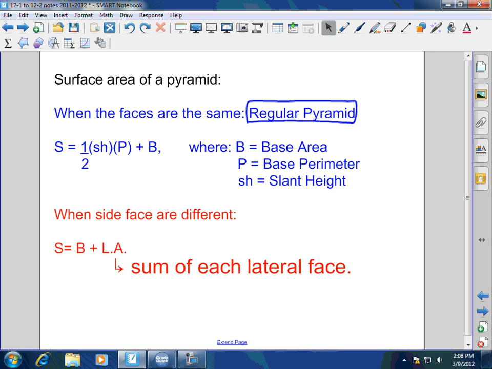When you have a non-regular pyramid, you got to find the base area, and then you have to find each of the lateral face areas and add them together. And unfortunately, that's the only way that you can do it when the pyramid is not regular. I'm going to show you a couple examples, and you should be golden.